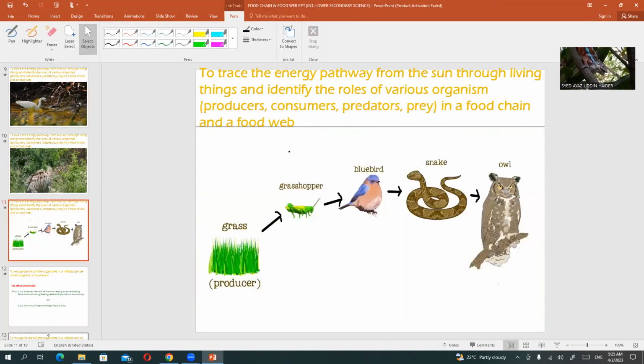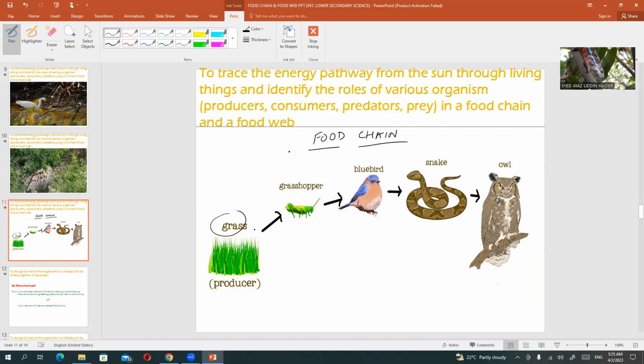Coming back to the food chain, this is the food chain. In this food chain, grass is a producer, which means that the food chain starts from the producer.